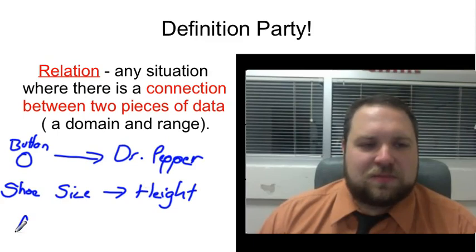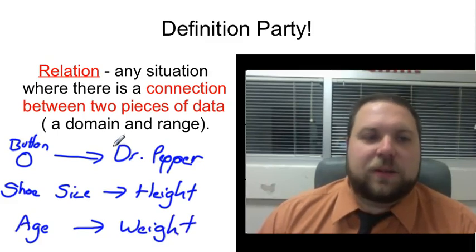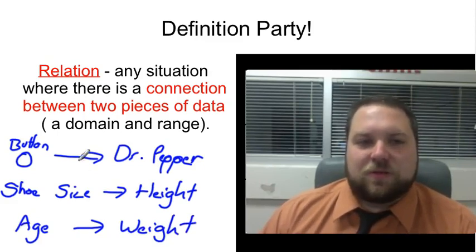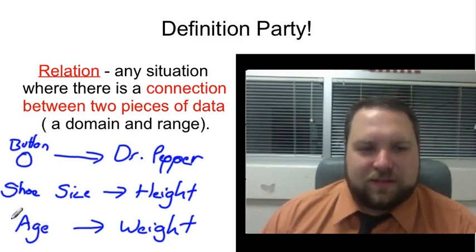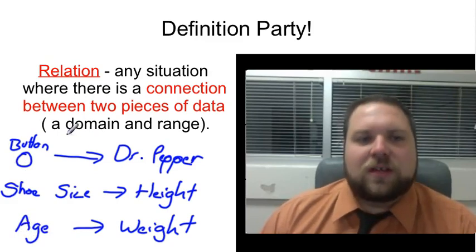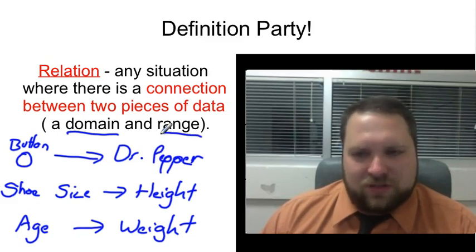Maybe there's a connection between your age and your weight. Could be anything. So a relation is just any kind of situation where we can connect two pieces of data. We call what we start with, so in this case the button, the shoe size, the age, we call that the domain, and then the other set of data we call the range.